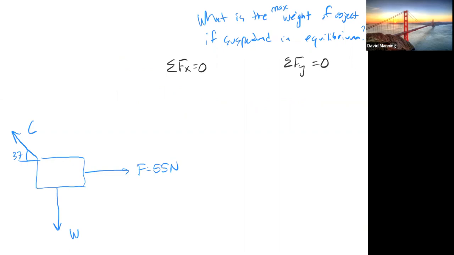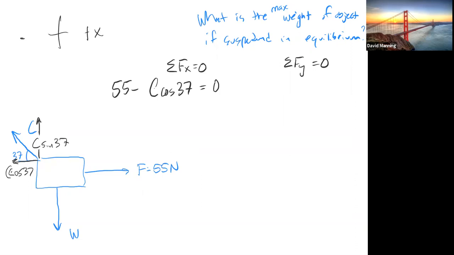Well, let's look down here. C is made up of C cosine 37 and C sine of 37. C sine of 37 goes up. So let's do the x direction first. We have 55 minus C cosine 37 equals 0, right? 55 is positive.